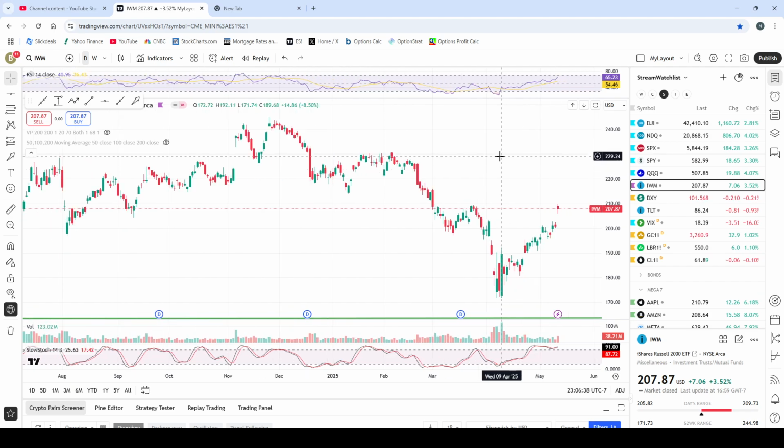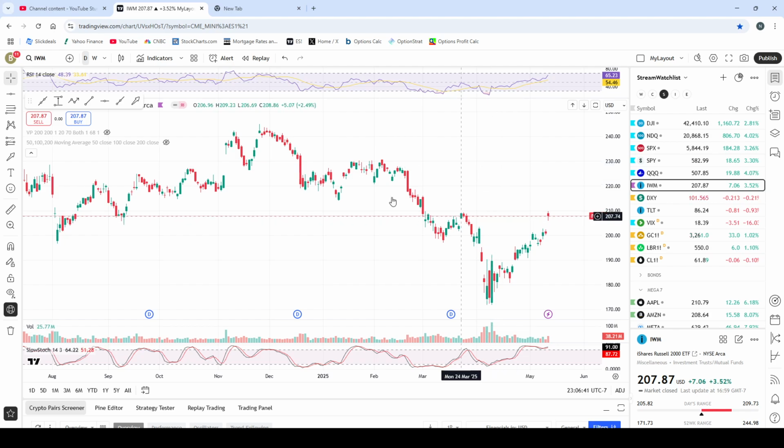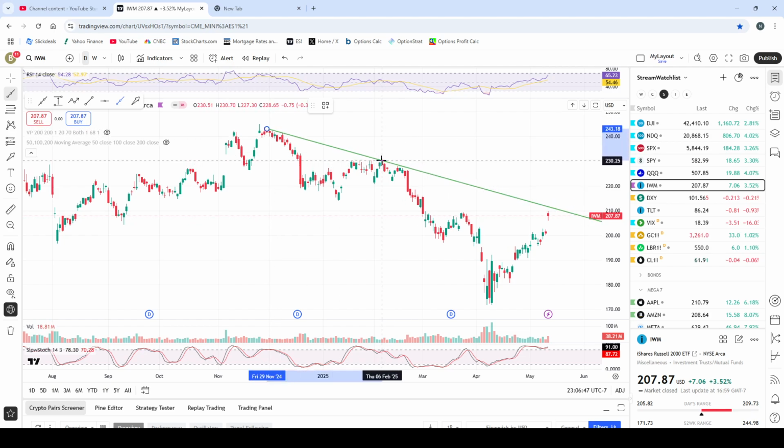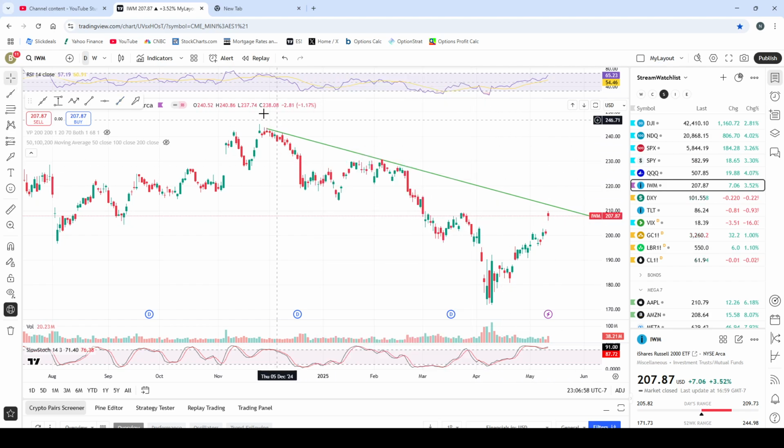So for this, I'm going to draw a trend line from the high to this high, or even here, right? But if I draw here, the trend is still here.